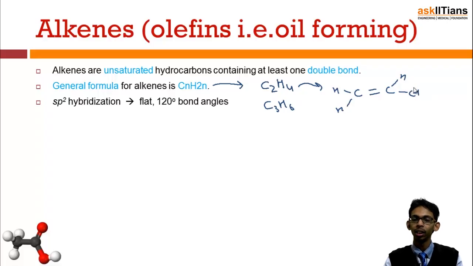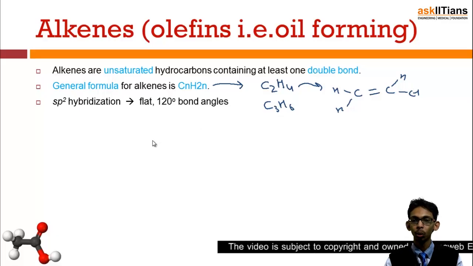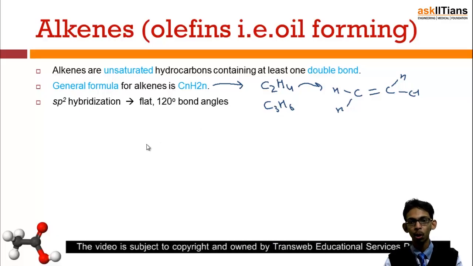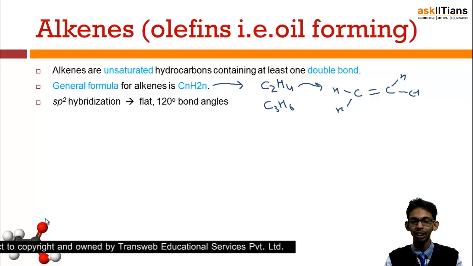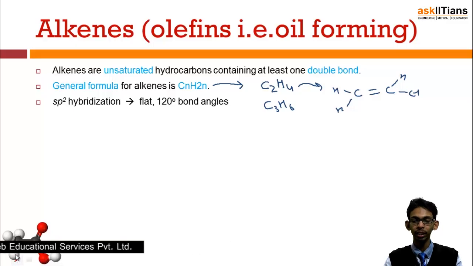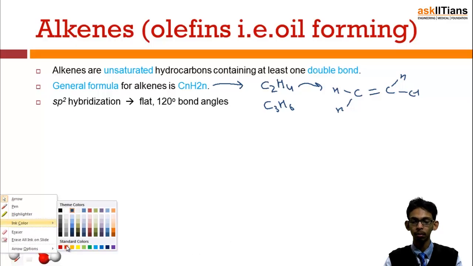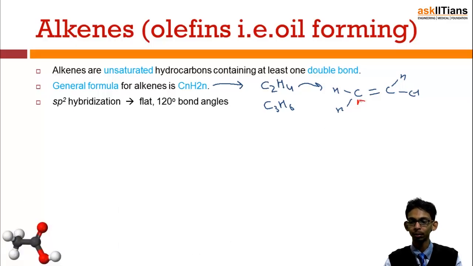Next thing is, they contain sp2 hybridized carbon atoms. That means those carbons which are double bonded have hybridization of sp2. So in case of the ethene molecule, there are two carbon atoms and both are double bonded, so the hybridization for them would be sp2.